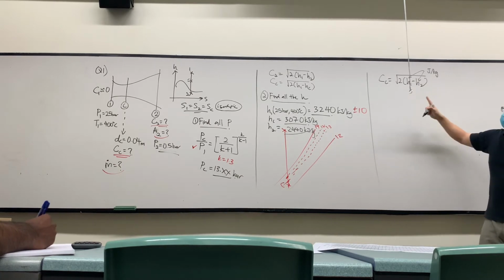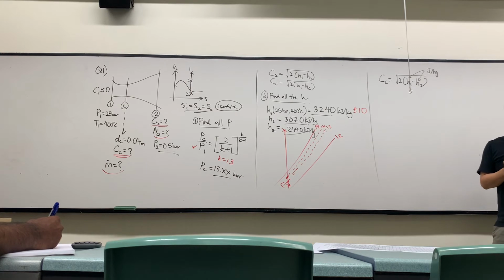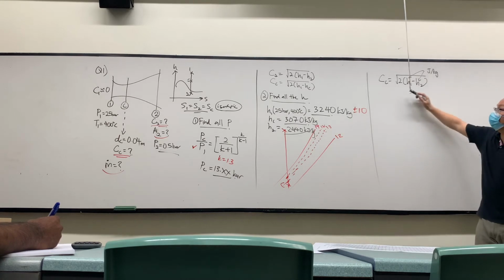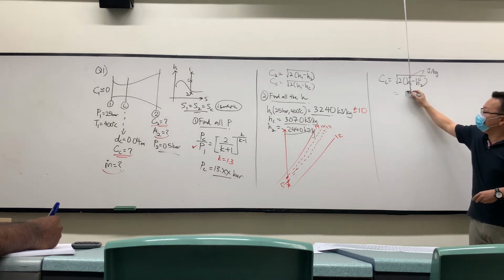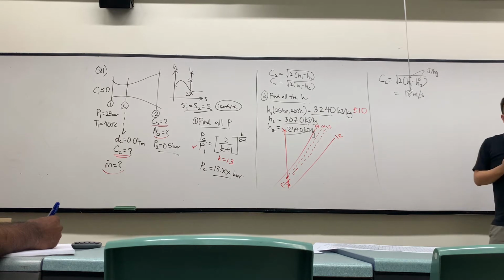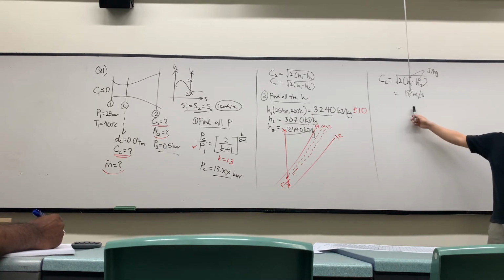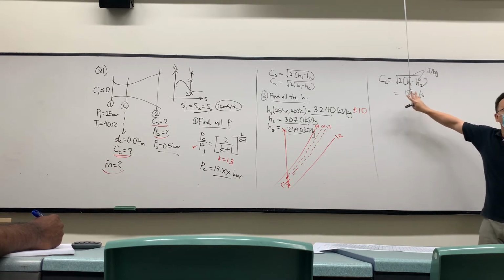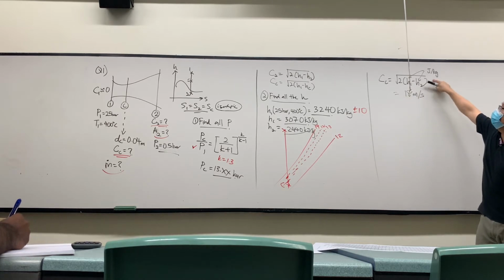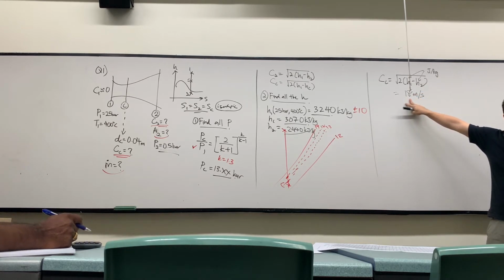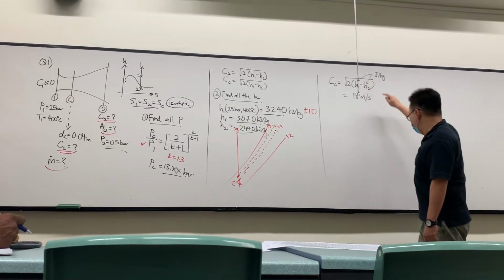When you put in here, your speed must be how many digits? 4, 3, 2, 4. If you key in here and you get 80 meters per second, do you panic? You better be alert. If it's 18 meters per second, that is nowhere near supersonic. Follow or not? It must be 3 digits or 4 digits. If you use kilojoule, you will get 2 digits. I assure you. So you must use joule.